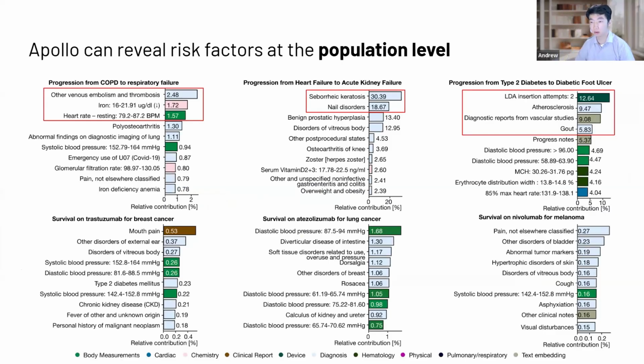I see another question. Can Apollo risk scores identify subgroups that will do badly? For example, stage 2 colorectal cancer that will develop distant metastases and therefore will benefit from adjuvant chemotherapy. Yes. This is the disease progression test that I showed earlier, at the time of diagnosis.